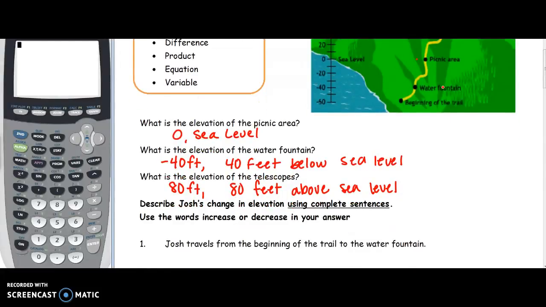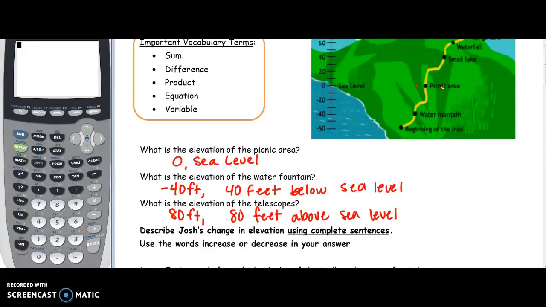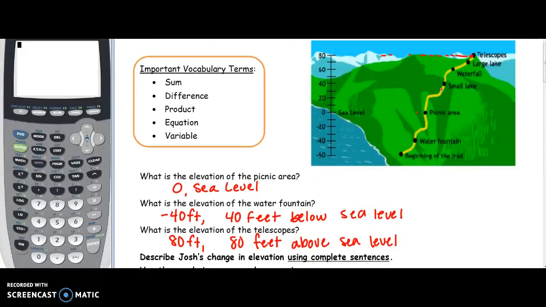The first one is Josh travels from the beginning of the trail to the water fountain. Okay, so beginning of the trail, and they move up to the water fountain. What happened? Did he move up or did he move down? Okay, and in this one, he moved up. He started at negative 60 feet below sea level and made it to negative 40.